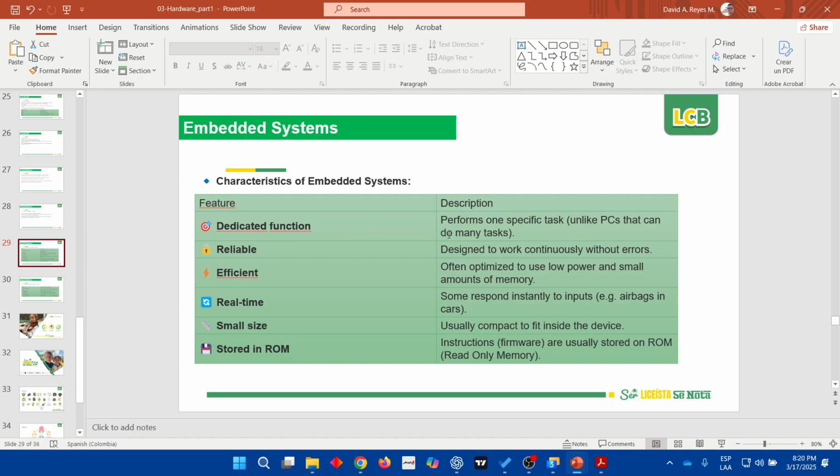Okay, so dedicated function: performs one specific task. Reliable: designed to work continuously without errors. Efficient: often optimized to use low power and small amounts of memory. Real time: responds instantly to inputs. For example, the airbags of the car, or the example that I gave you.